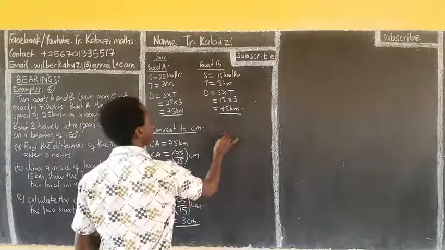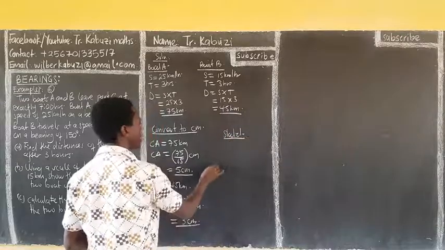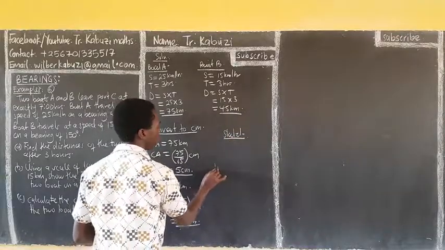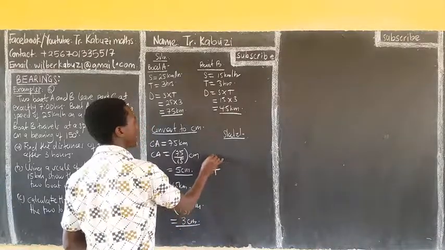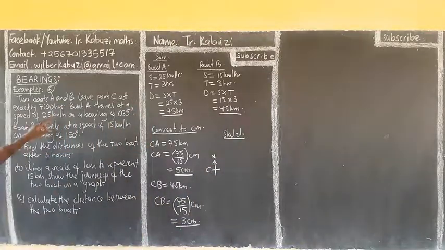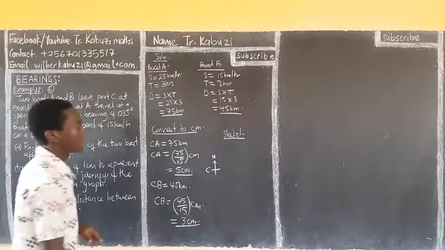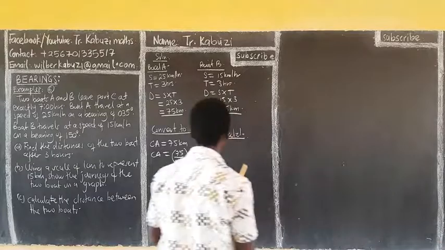So out of that now, you come and you draw a simple sketch for these two boats. First of all, I have a port C. Then boat A is moving at this speed and on a bearing of 35 degrees. So here you measure off your 35 degrees.